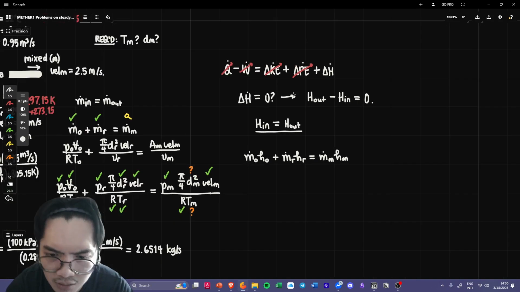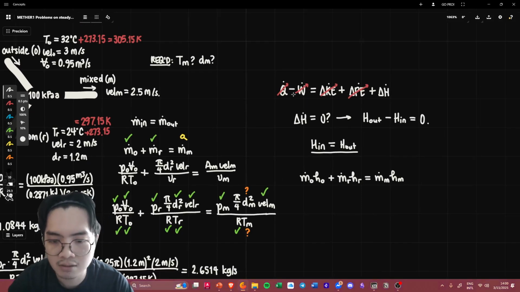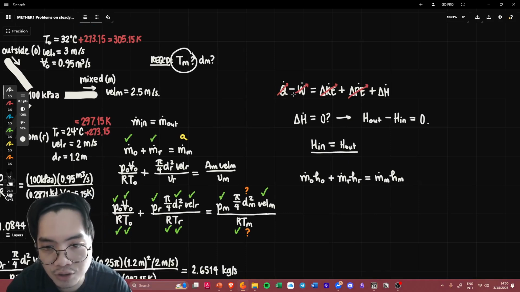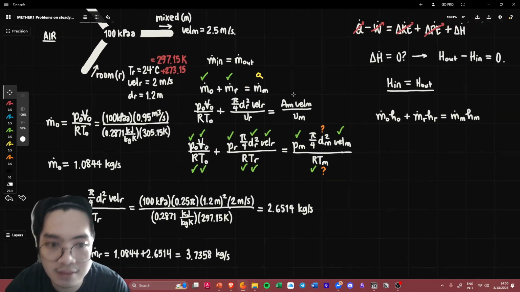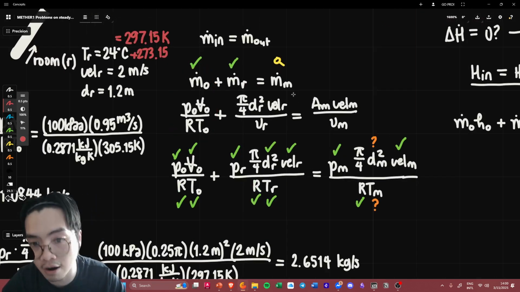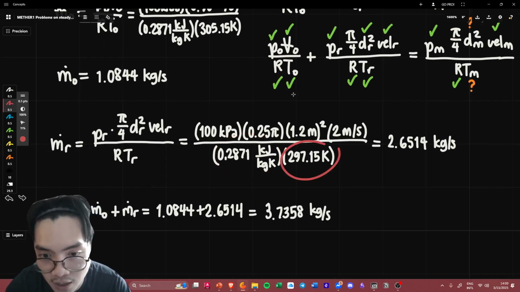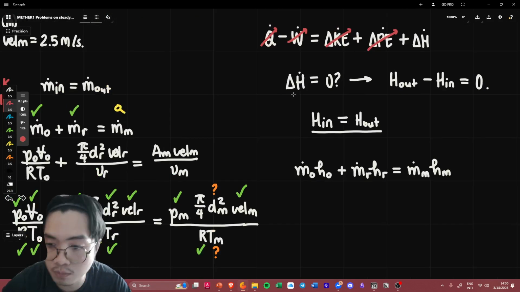And you might be thinking, okay, where is the T in here? Well, the T is going to come from the fact that you are dealing with air, and air is an ideal gas. That is why we were able to compute M using PV over RT, why we keep using R of air, why we are always in Kelvin, and why we're always in absolute pressure.